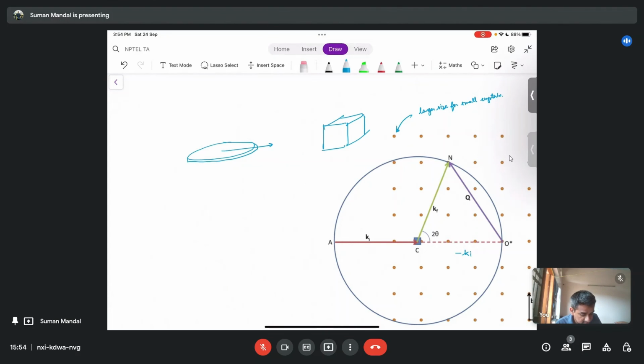Let's say it is X, Y, and Z. The reciprocal lattice point will actually be extended like this. It will be extended in the Z direction, and it's a point object in the X and Y direction. So basically the shapes and the sizes of these points can also vary.